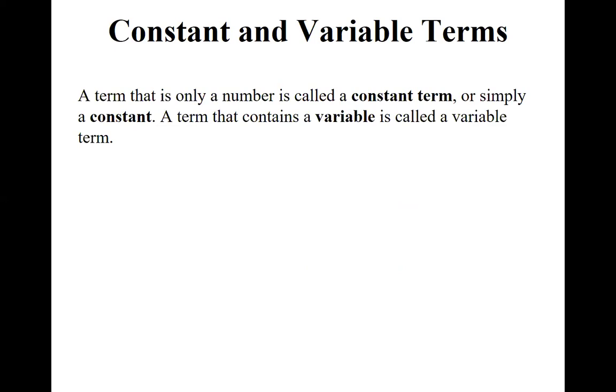A term that is only a number is called a constant term, or simply a constant. A term that contains a variable is called a variable term. So x plus 3, the constant term would be 3. 3y squared plus negative 4y plus 2, the constant term would be 2.